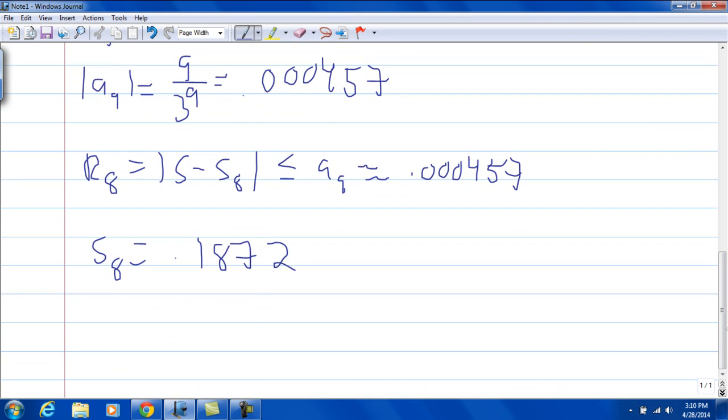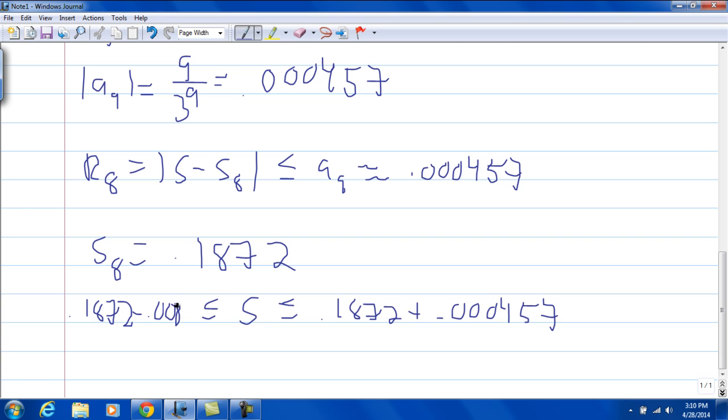Okay, so our sum is going to be less than or equal to 0.1872 plus this 0.000457, and the sum is going to be greater than or equal to 0.1872 minus 0.000457. And what's that going to look like?